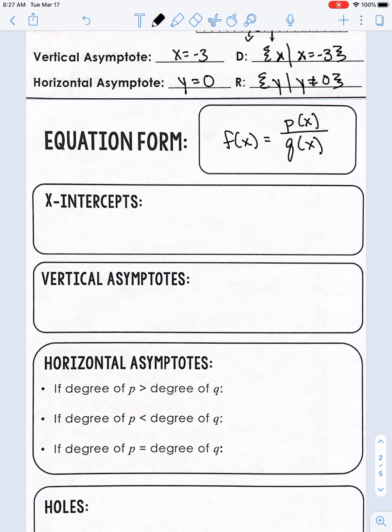Step 1 is simplify. Simplify this as much as you can. Step 2 is find your x-intercepts. Your x-intercepts you find by setting p of x equal to 0 and solving for x.